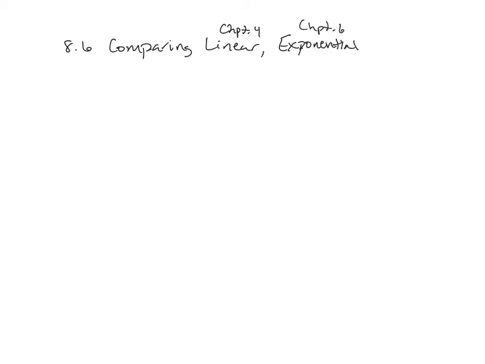All right, so the last section of the chapter is, I think, an easier one for what we're going to do anyway. So it's comparing linear, which we did in chapter 4, exponential, which we did in chapter 6, and quadratic, which is what we're doing right now.